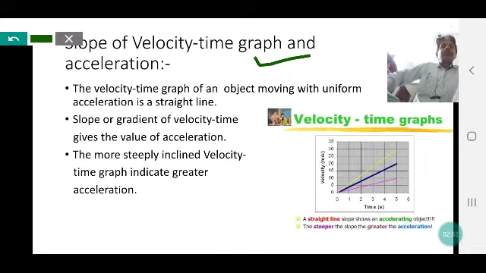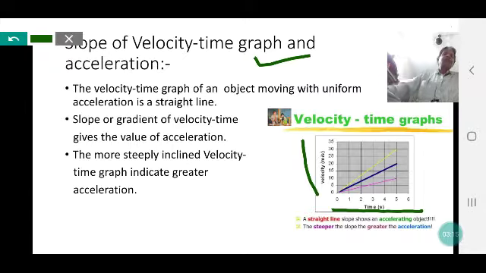First we have to show the nature of the velocity time graph of an object. The velocity time graph of an object which moves with uniform acceleration is a straight line. Here is a straight line, with velocity taken on the y-axis and time taken on the x-axis.